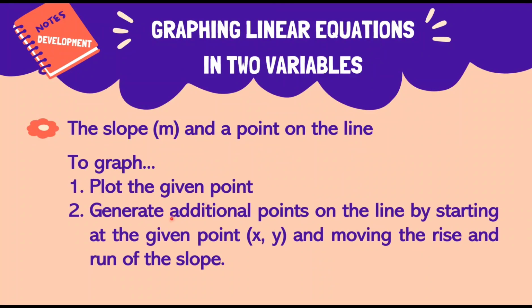And then, the second one, generate additional points on the line by starting at the given point. So, kung ano yung given point natin, xy, and moving the rise and run of the slope. So, para makuha natin yung pangalawang point natin, we need to apply the rise over run from the given point.